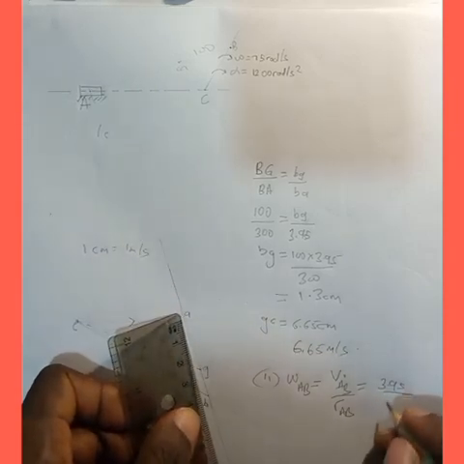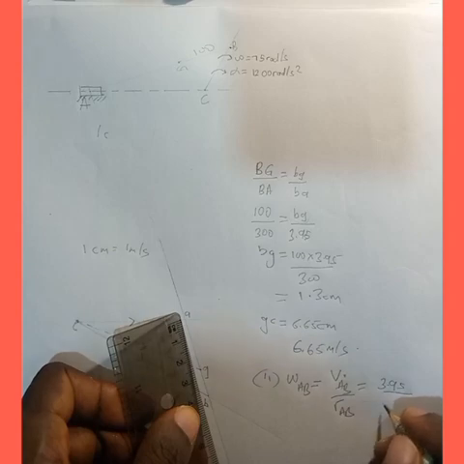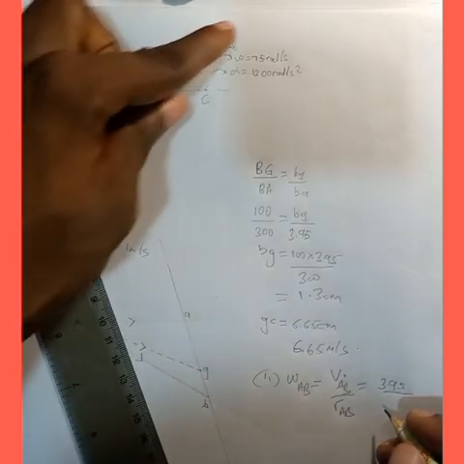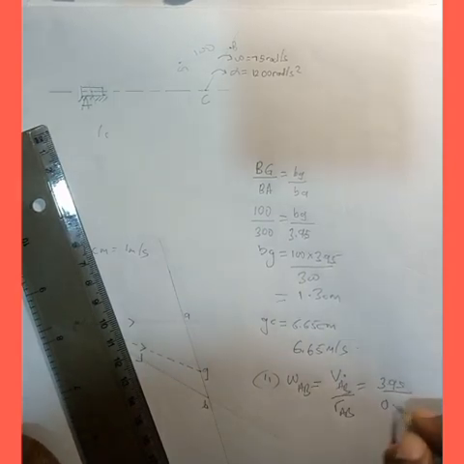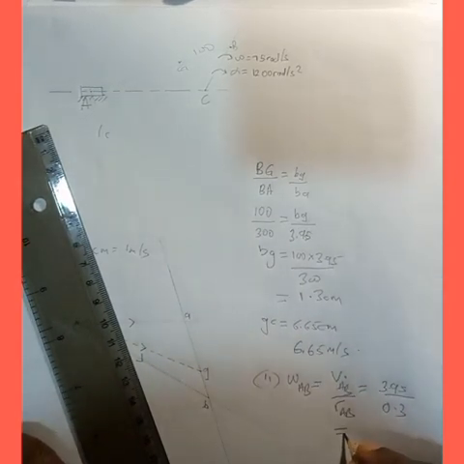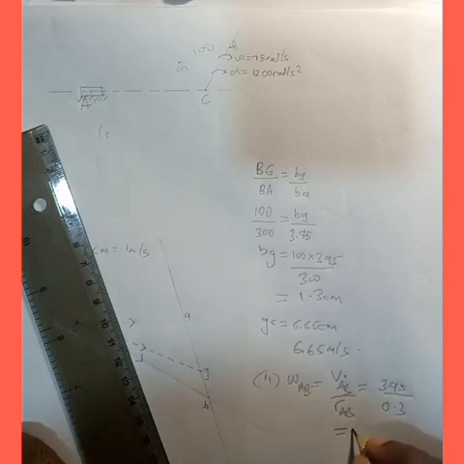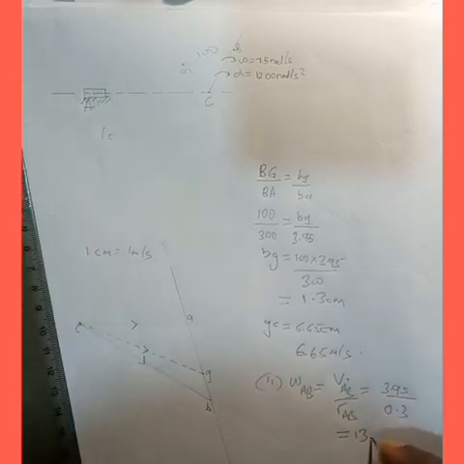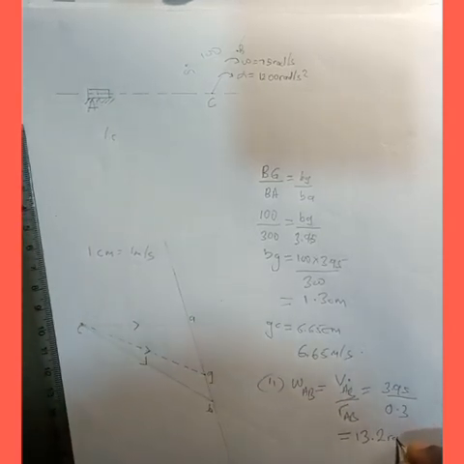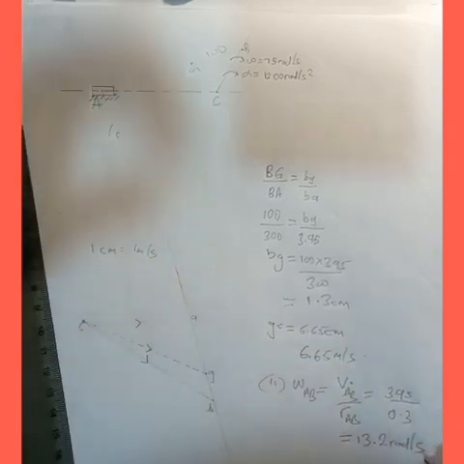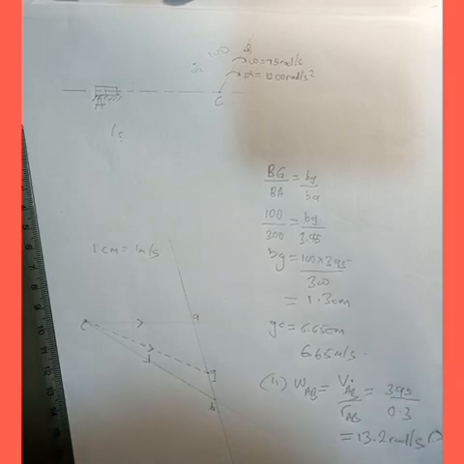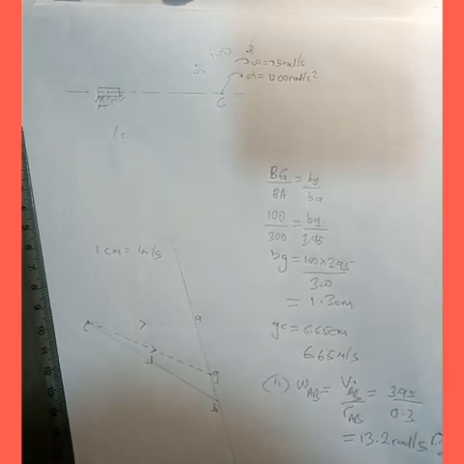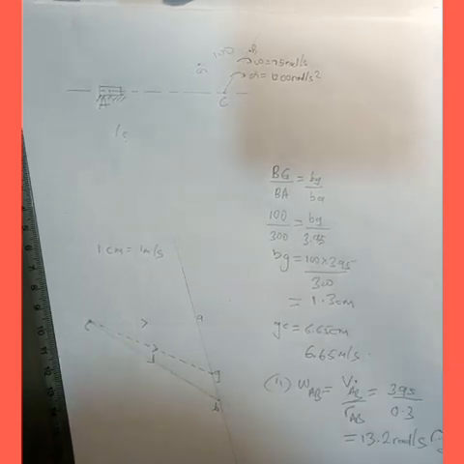The length AB from the question is 300 millimeter or 0.3 meter. So that will be this divided by 0.3. It means the angular velocity of the connecting rod AB is 13.2 rad per second.